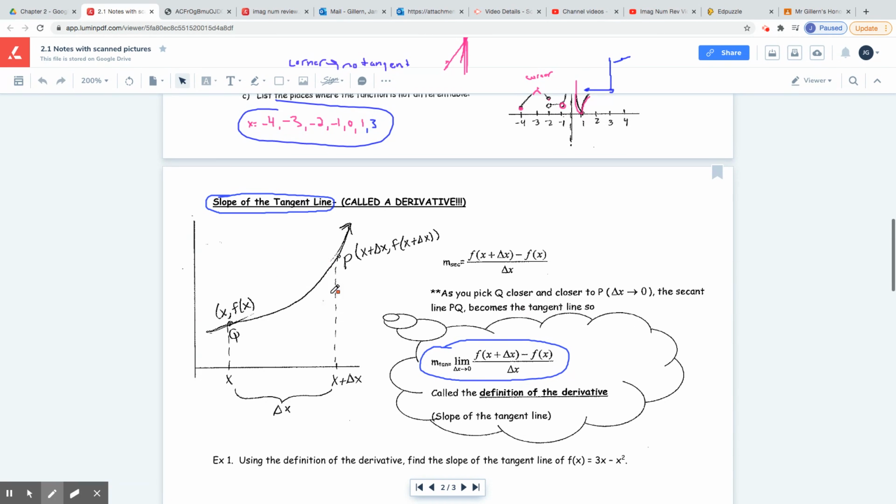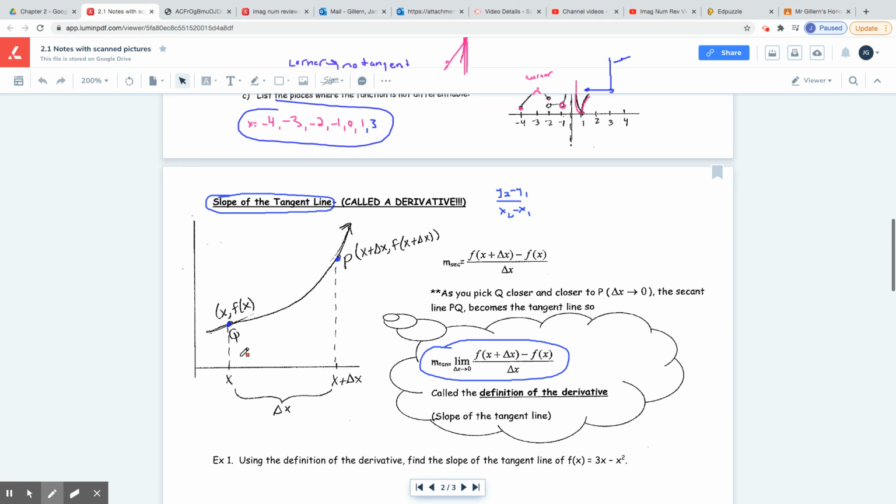Now, this explanation, where they get this from: if you remember the slope formula, what is it? y2 minus y1 over x2 minus x1, right? Well, if you have point Q and point P, and we call this point here x, and then instead of y, we call it f of x, which is the same thing.